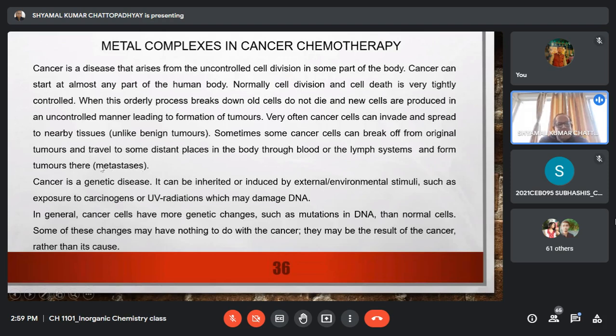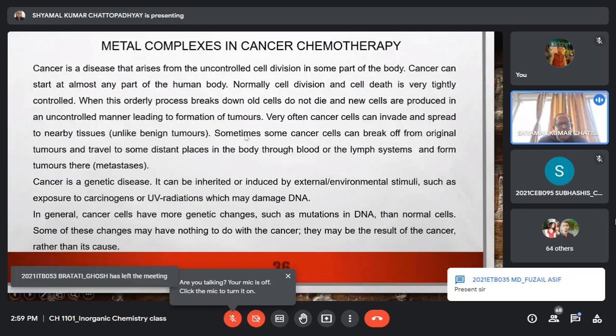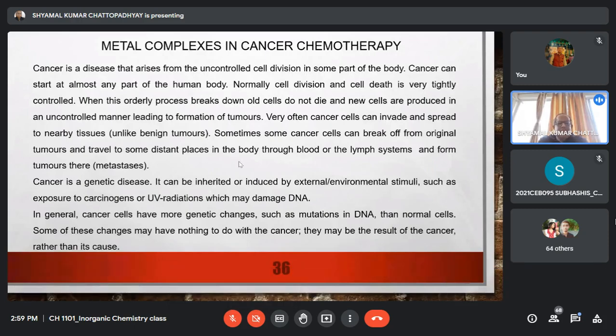So metastasis is a very dangerous thing, whereby some cancer cells break off from the original site, are transmitted through the blood or lymph system, get stuck in other parts of the body and grow tumor cells there. So you require anti-cancer agents which attack the primary cancer, and anti-cancer agents which can check metastasis growth.